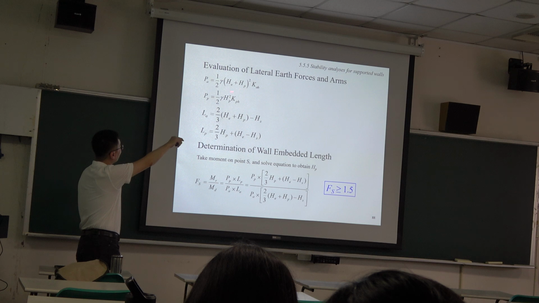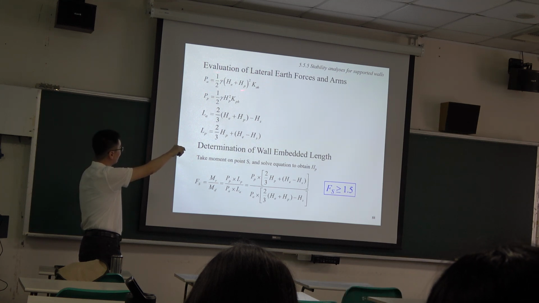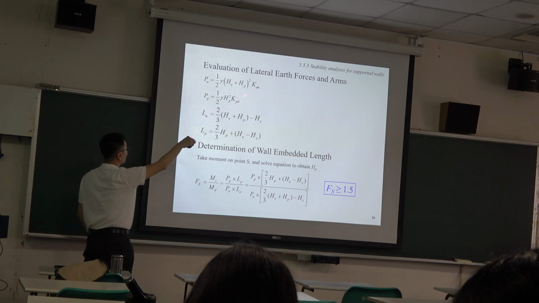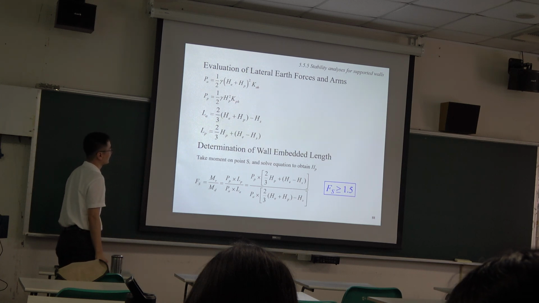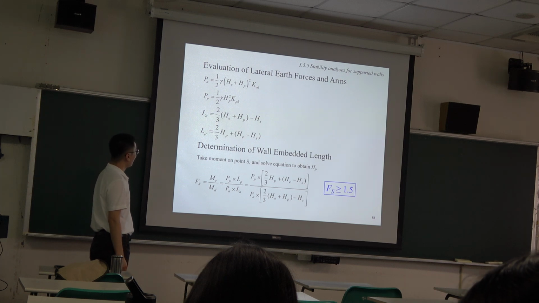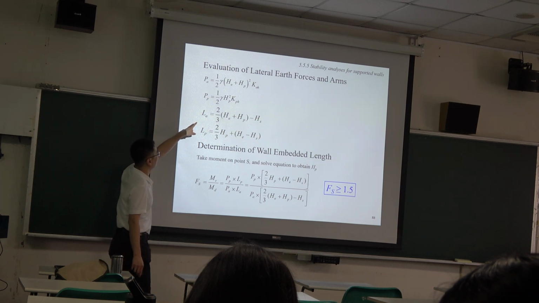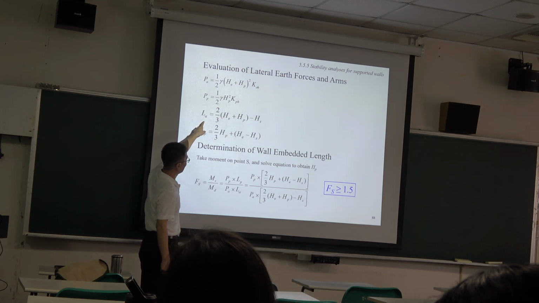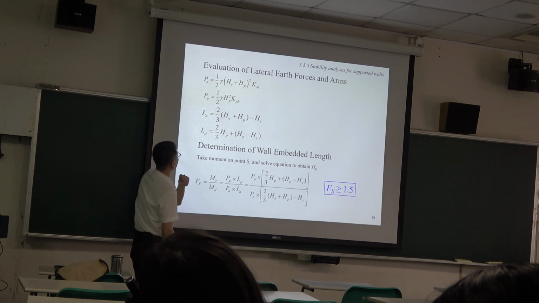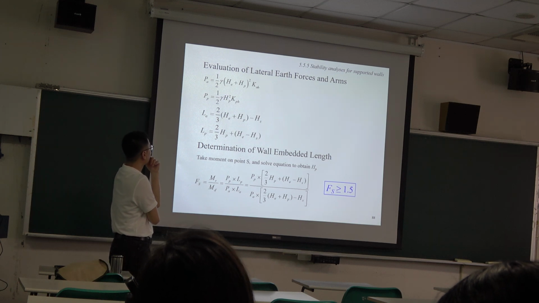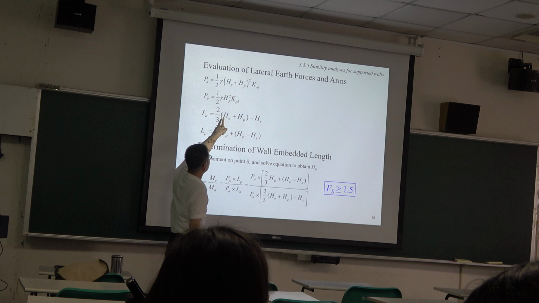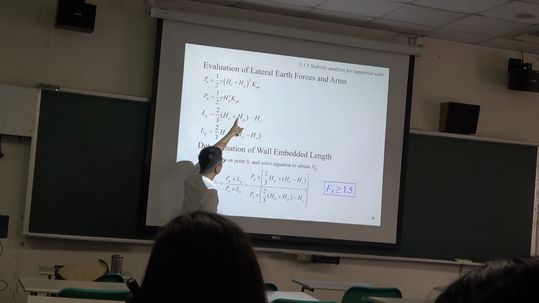Okay, so active resultant based on triangular calculation. Passive also, the area is a triangle. Then active level up. HE. So it's HE plus HP.